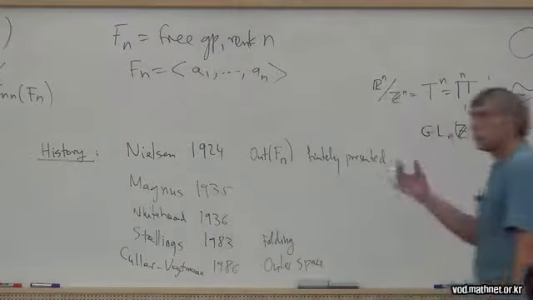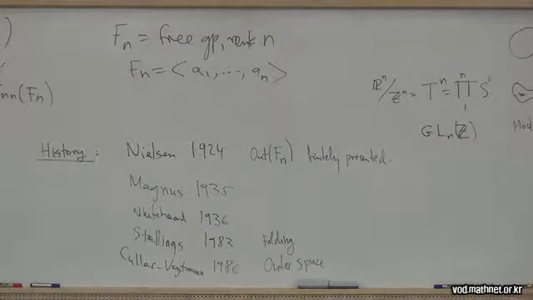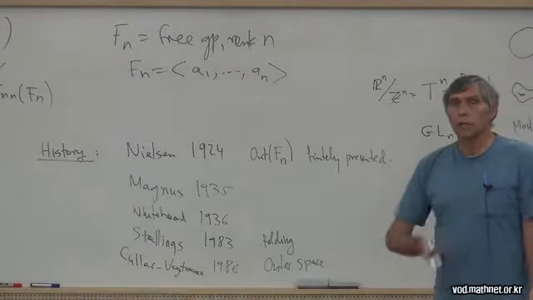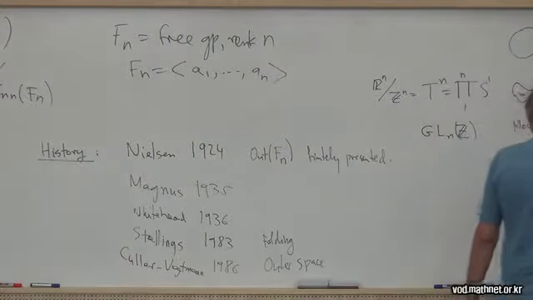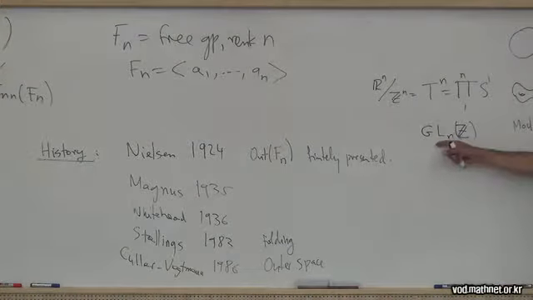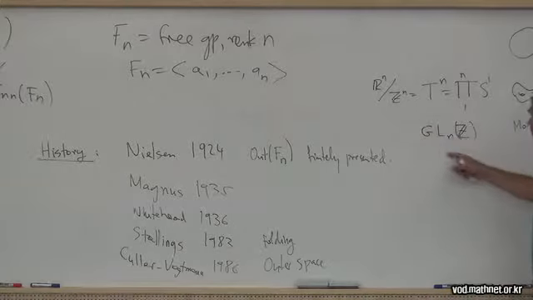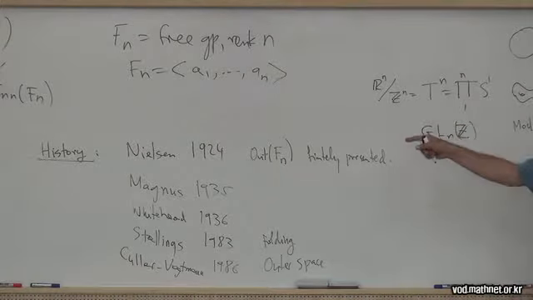When you study a group, maybe the first thing you ask is whether there is some nice contractible space where this group acts properly. For example, for GL_n(Z), or more generally for arithmetic groups, there is a symmetric space where these groups act properly. It's a very nice contractible space with a very nice geometry.